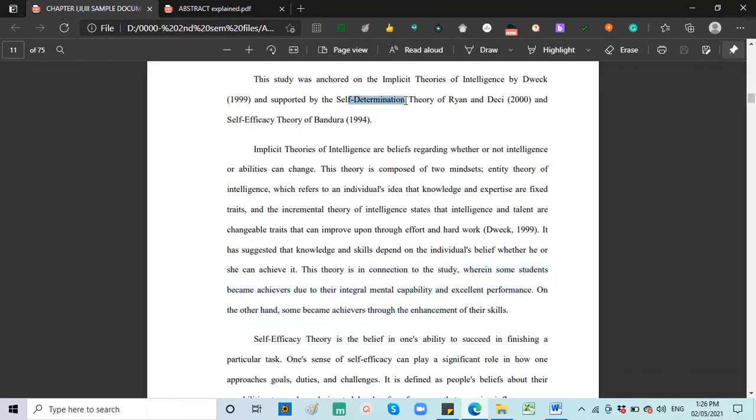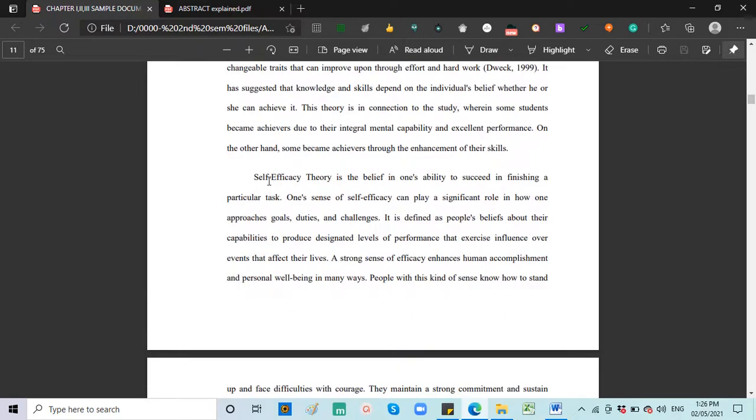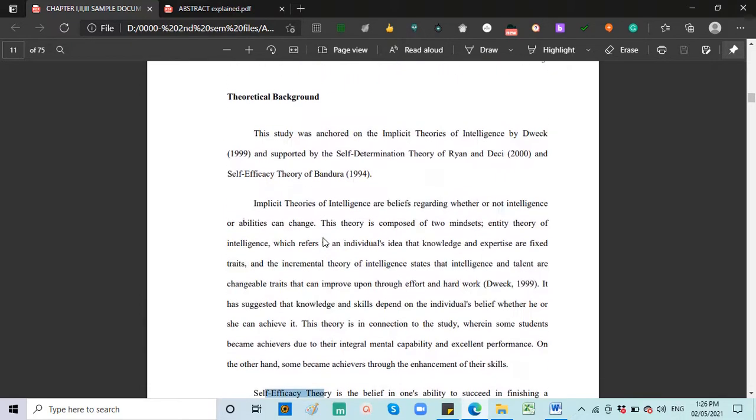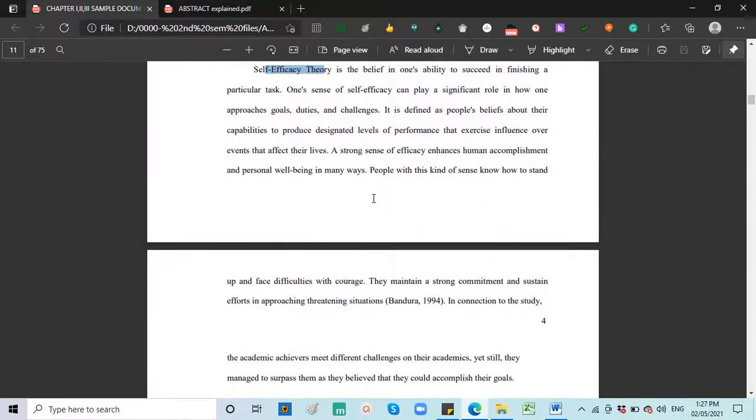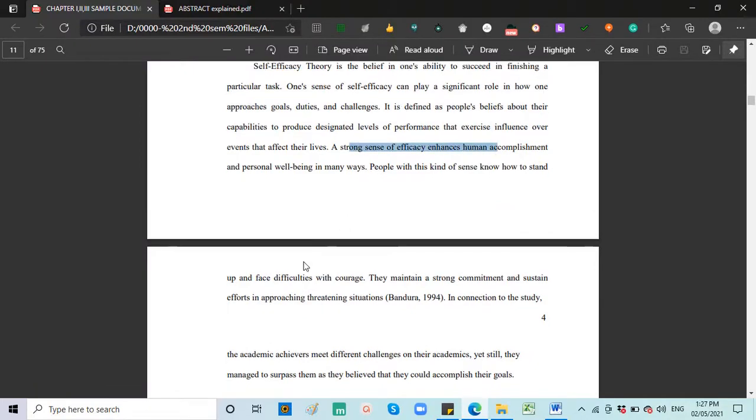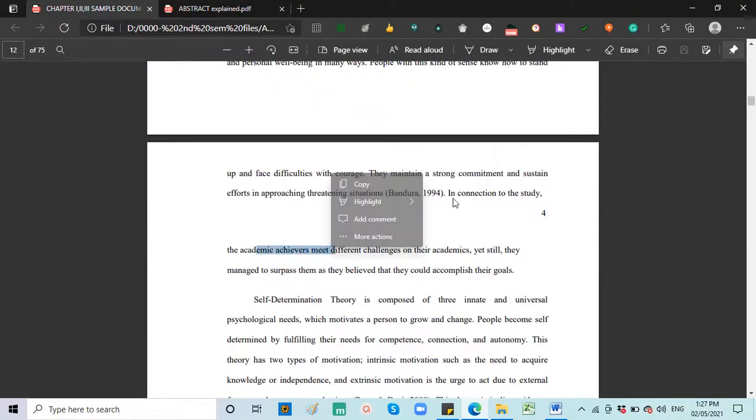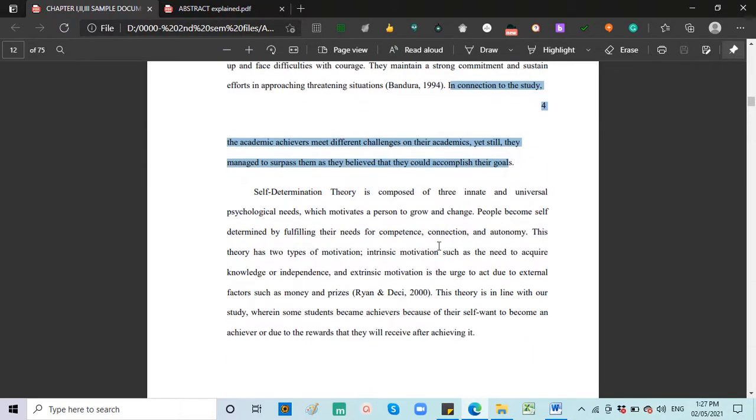Next, self-determination or self-efficacy theory, what it is about, a strong sense of, and then connect it to academic achievers in connection to the study. So the connection to the theory should be visible.